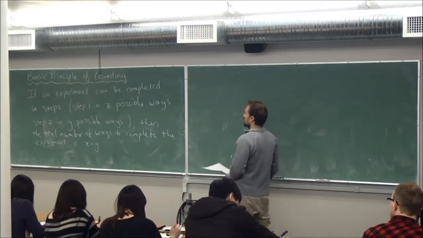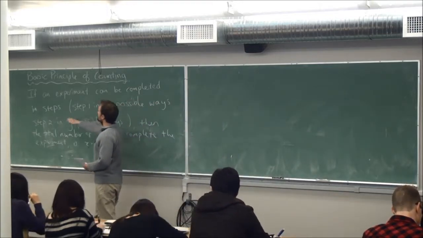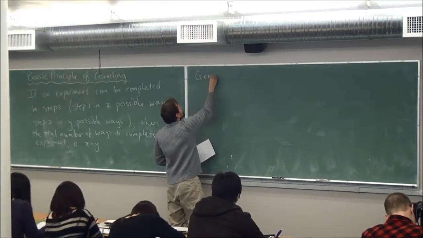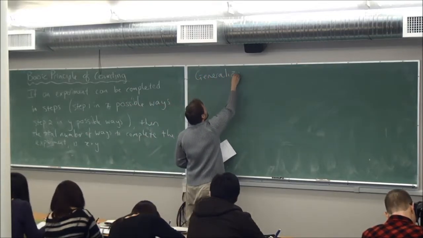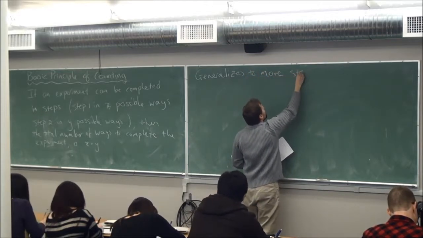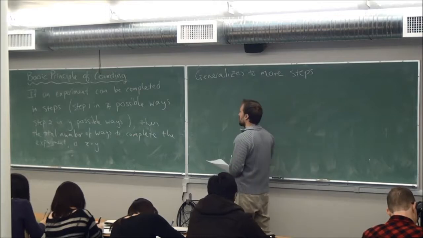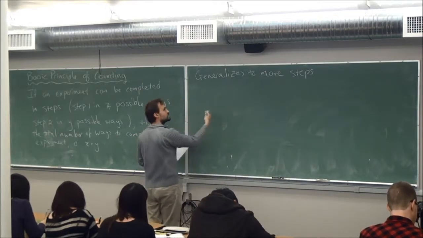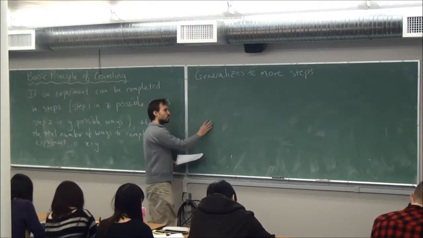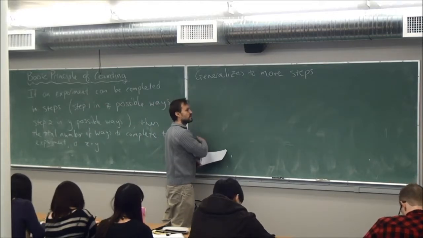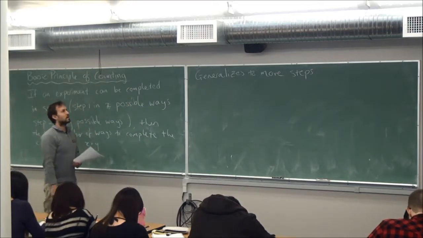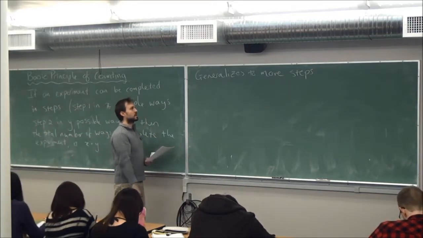Now, nothing says that I have to have only 2 steps. This generalizes to any number of steps. If I can break up my experiment in successive steps, 1 step followed by the next, completing my experiment, like choosing the type of the individual, then choosing the country.